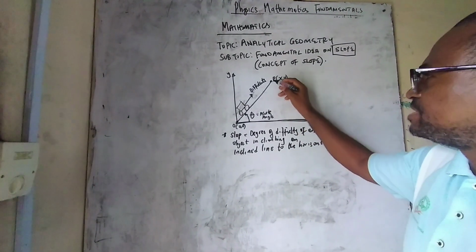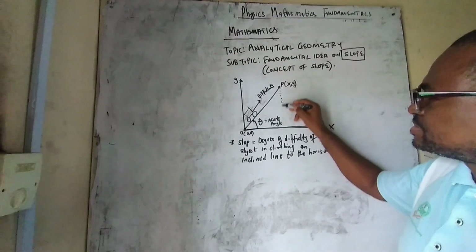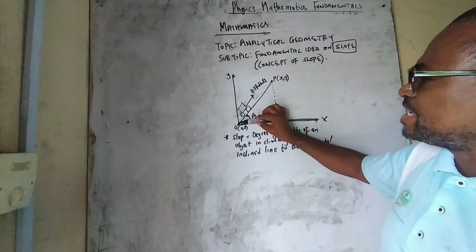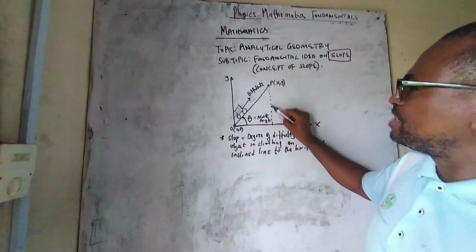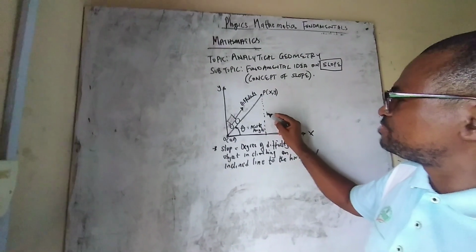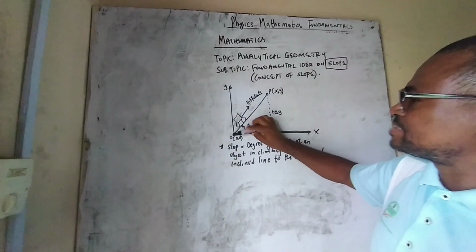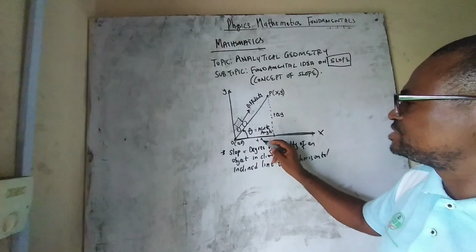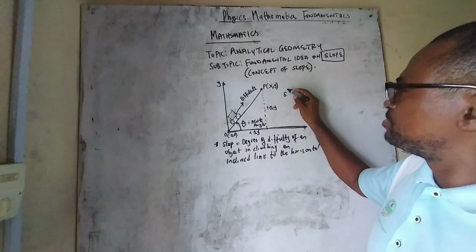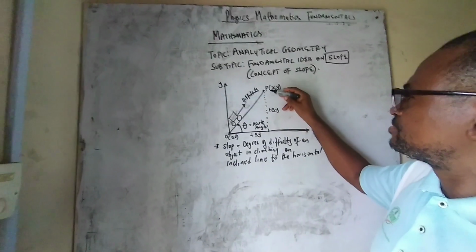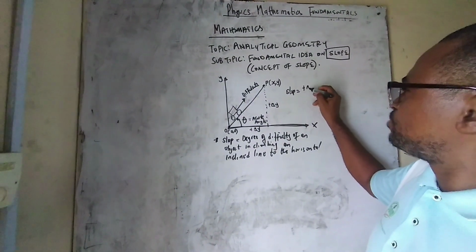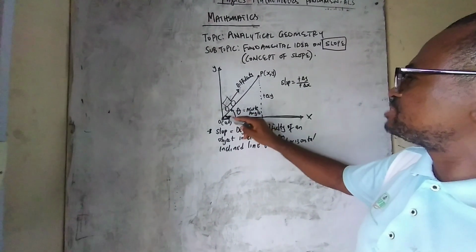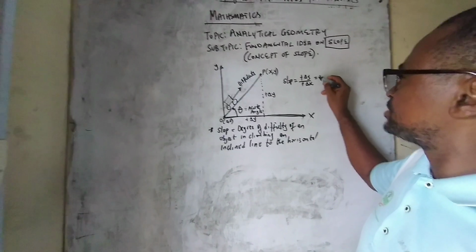Now, if I take a vertical line to this side, you can see that as I'm moving this line towards this side, the change in the y-axis will be a positive change. As I'm moving that line, the change in the x-axis will also be a positive change. So the slope mathematically can be thought of as a change in y divided by a change in x. For this particular line, the slope is positive.